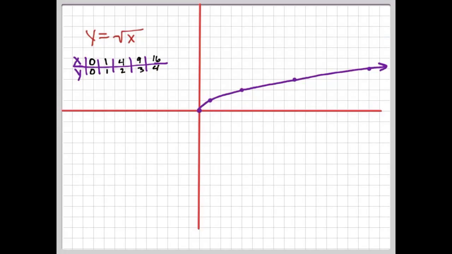So in example 5, we're given y equals 2 radical x plus 4 minus 1. I'm actually going to graph this before we make the table, because if you have the parent function graphed, the transformation is really easy to do.